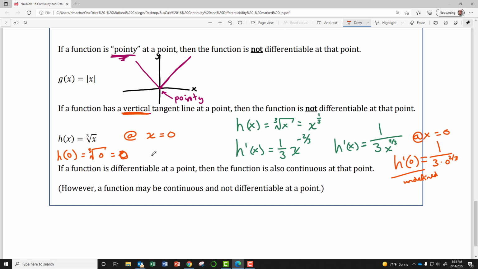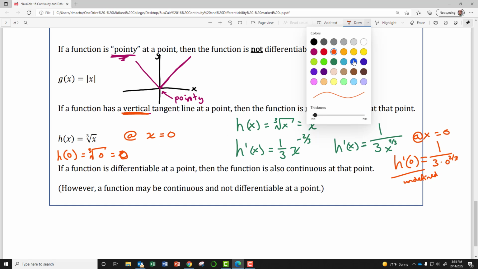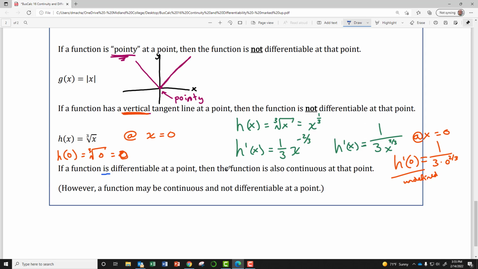One last thing I'll say before the video is over. If a function is differentiable at a certain point, then the function is also continuous at that point. So differentiability implies continuity. However, it doesn't go the other way.